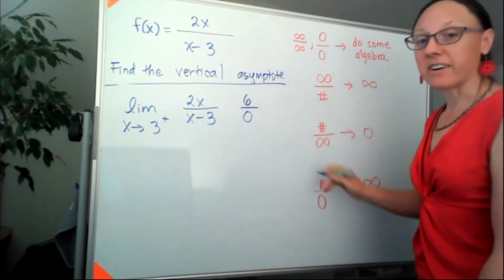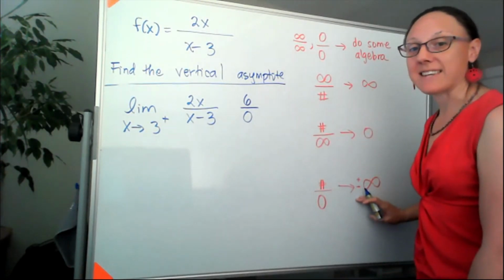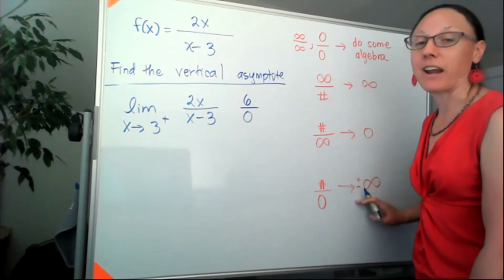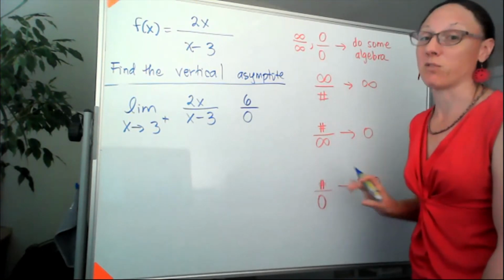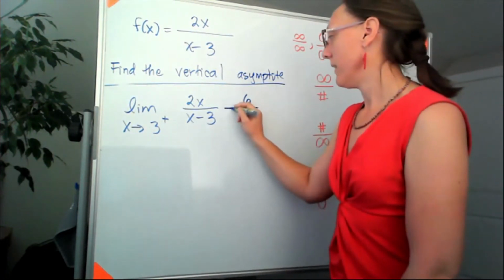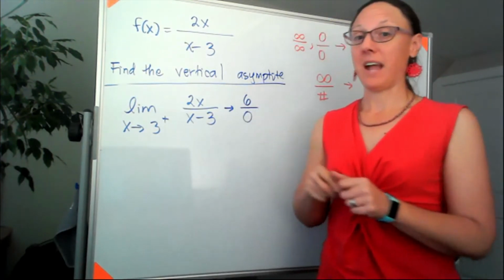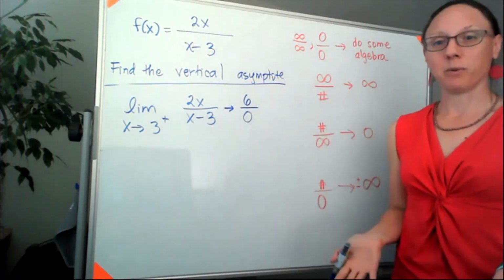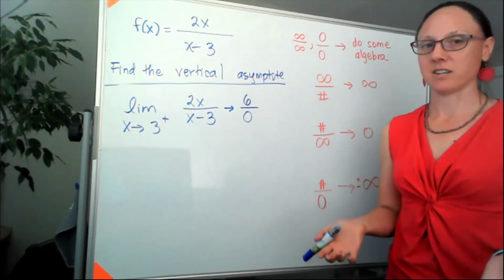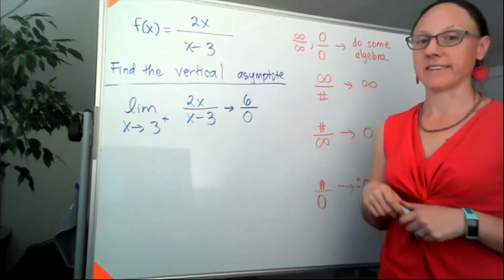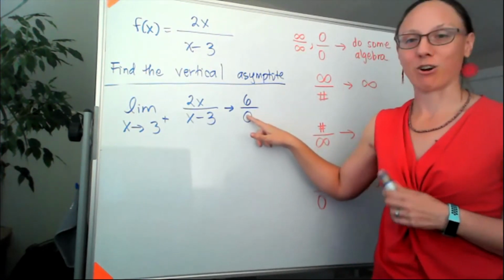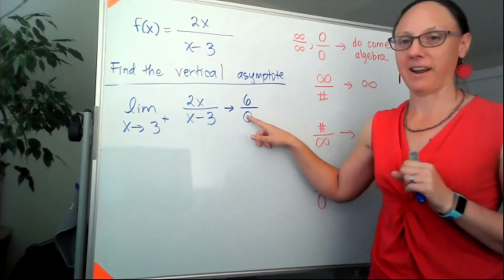Well, 6 over 0, I already know is headed to either positive infinity or negative infinity because I got a number over 0. I'm going to use the notation that Dr. Kuba usually uses, which is now that I have a number over 0, I need to know, was that 0 a little bit positive or a little bit negative?